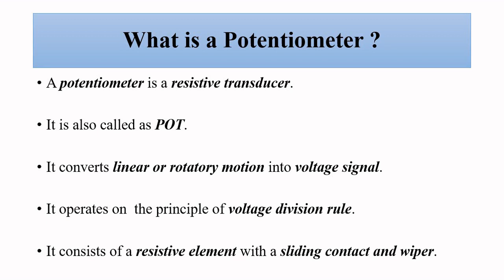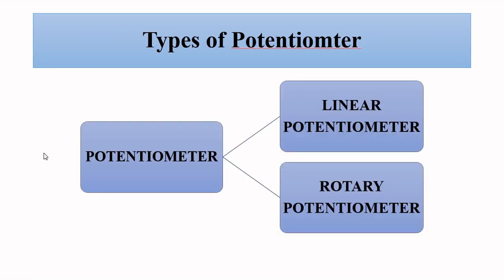Potentiometers are of two types: linear potentiometer to convert linear motion into a voltage or current signal, and rotary potentiometer to convert rotational motion, 360-degree motion, into a voltage or current signal.